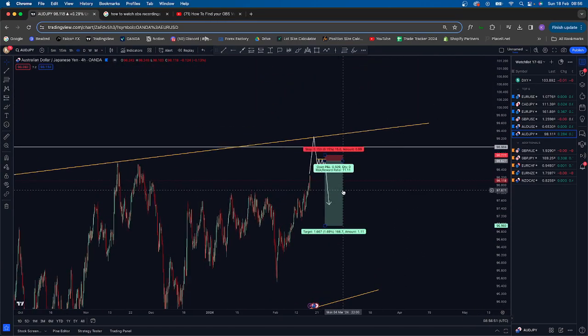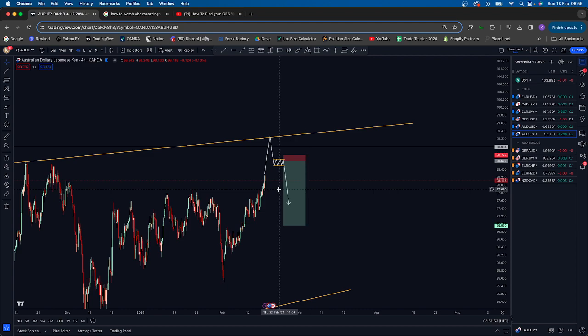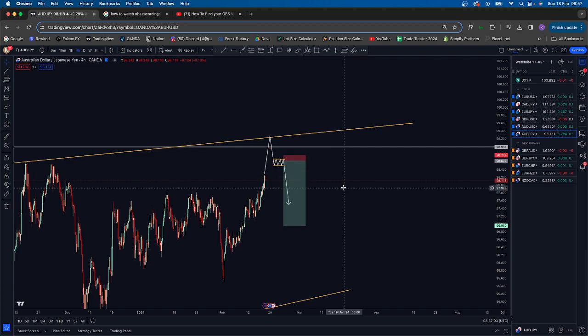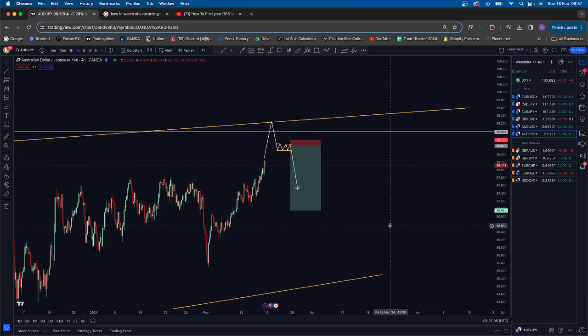If it's a 1 hour structured flag, then I'd be playing this just below here, getting in at 30 pips, but ideally I would like this to be a 1 hour structured flag in the form of a 1, 2, 3 would be absolutely ideal.